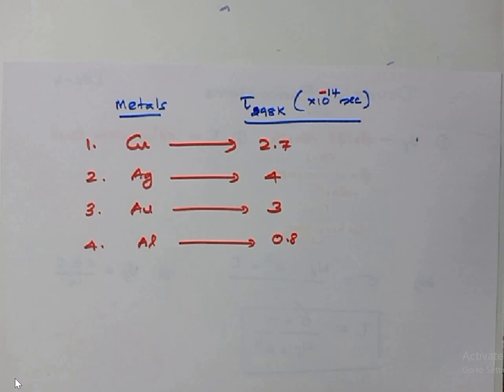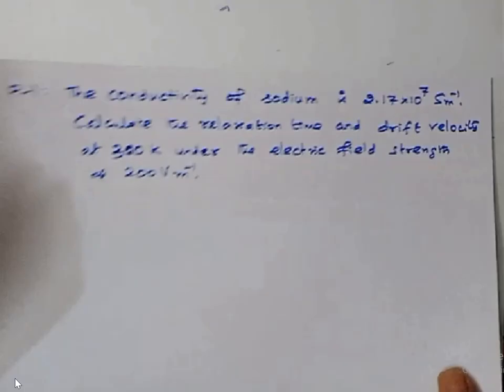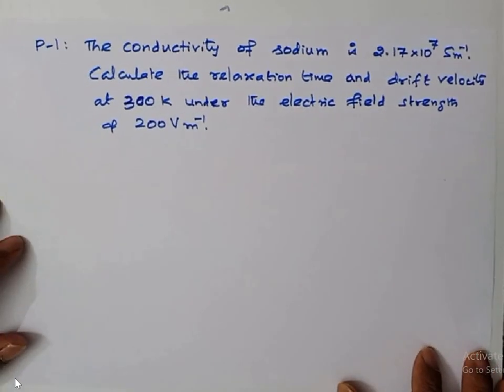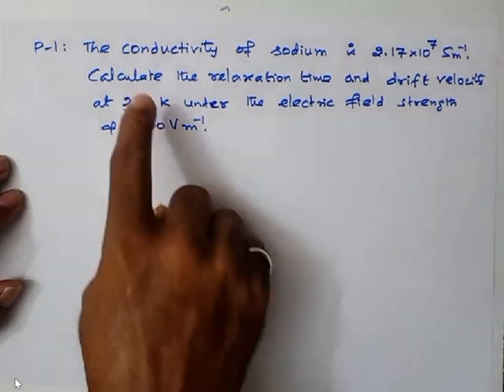We can also calculate the value of tau by measuring the conductivity of the metal. Yes, how to proceed? I'll do one or two problems so that you will get some clarity on this part. Let me take problem 1. See this problem, just go through that.